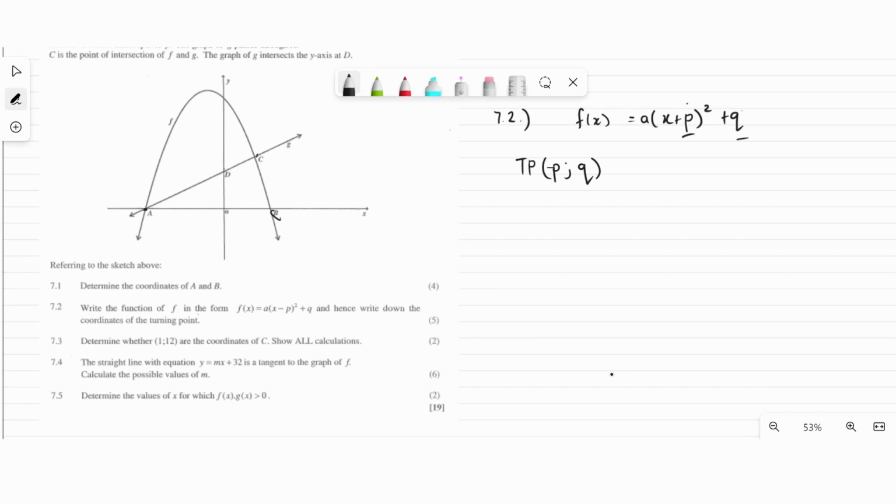I'm going to use the one with the formula of x, because my function f of x is in this form, right? I'm going to use this formula, which is x is equal to negative b divided by 2a.